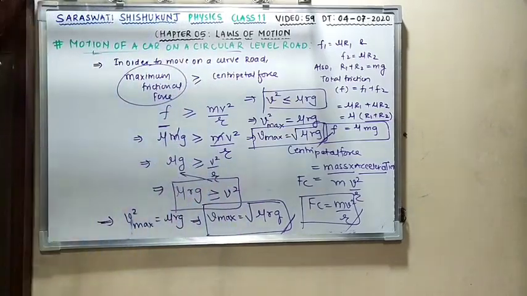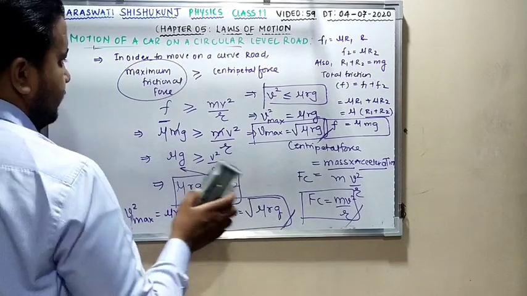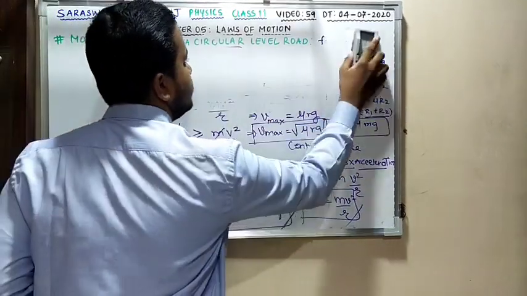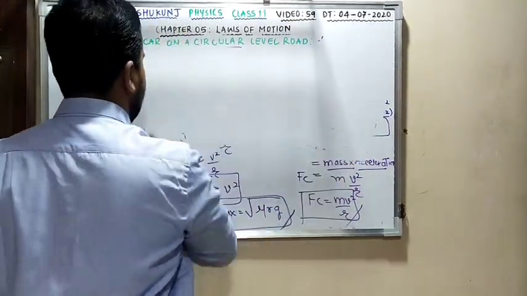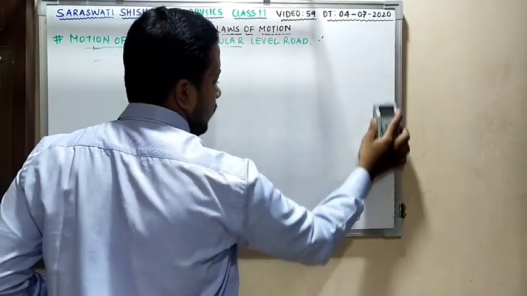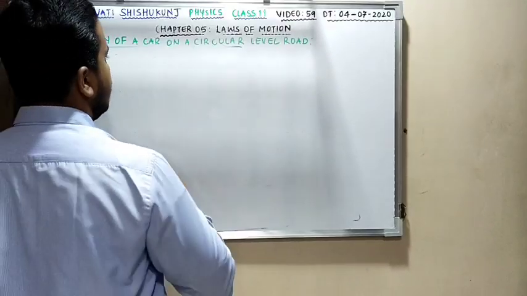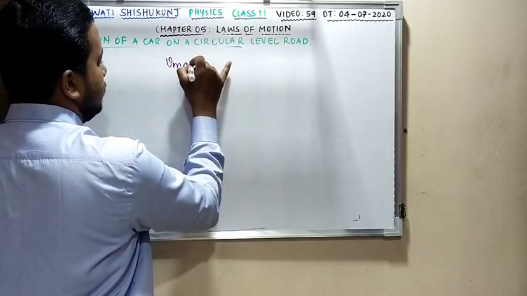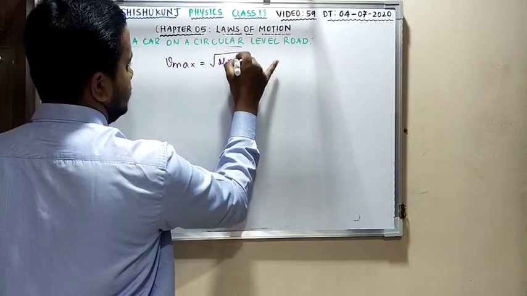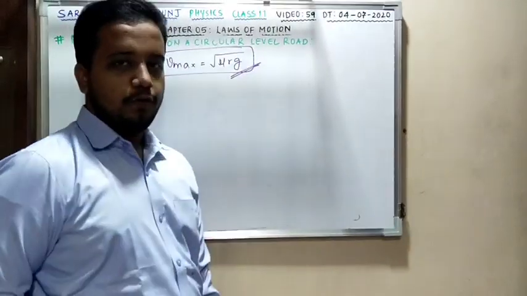Moving ahead. Let me clean the board. I have the equation that Vmax is equal to the square root of mu rg. This is the maximum speed with which the car can move on a circular road.